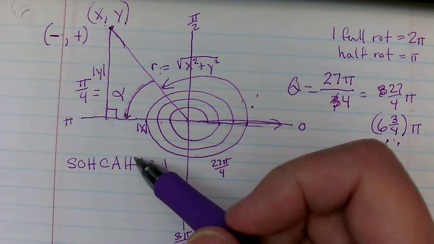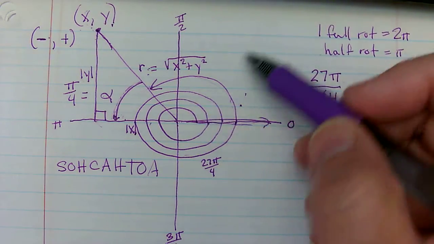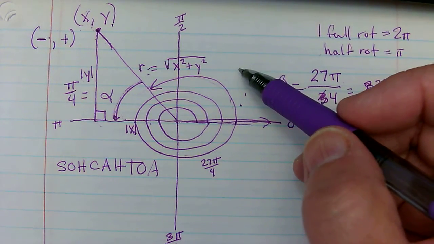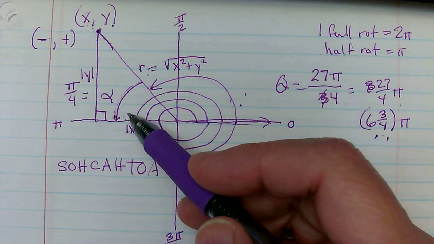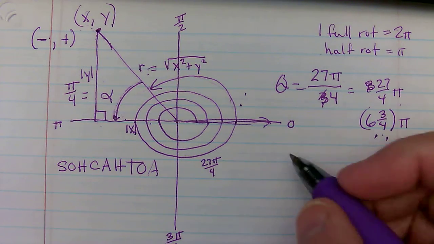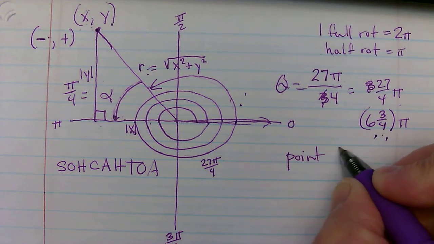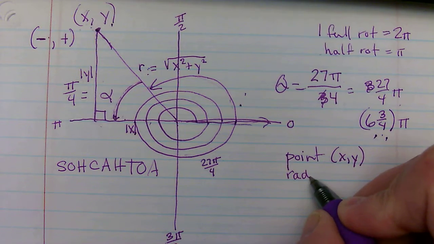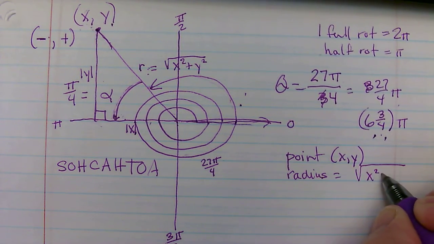So when we do our trig ratios for other rays that don't have a point on their terminal ray in the first quadrant, we don't use the lengths of the sides of the triangle, we use the coordinates of a point on the ray. So our point on the ray is x, y. The radius is going to be the square root of x squared plus y squared.